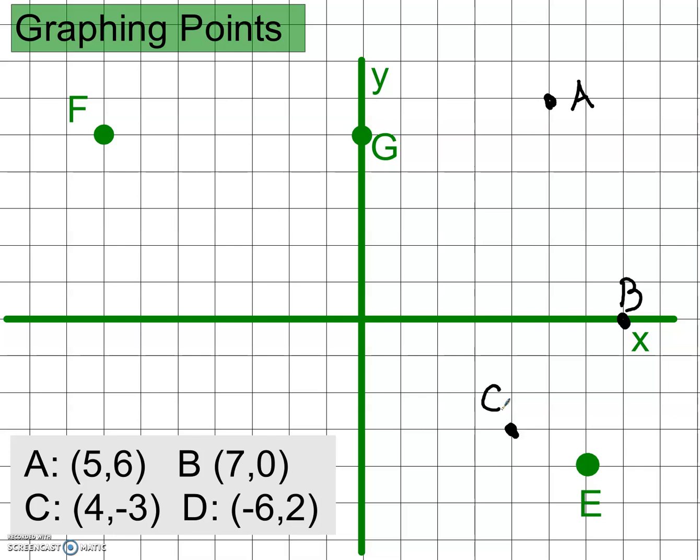How about point D? Well, the first number is negative, so instead of going to the right 6, we're going to go to the left 6. And then 2 means go up 2. So here is point D. Then I'm going to ask you, what are the coordinates for point E and for point F?